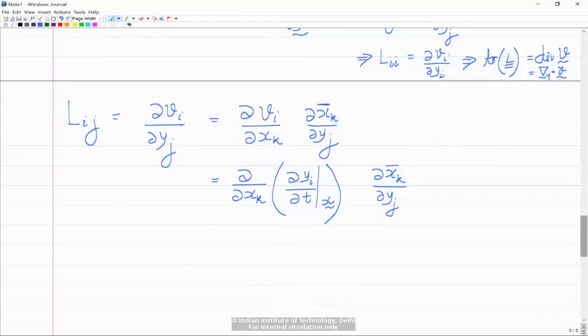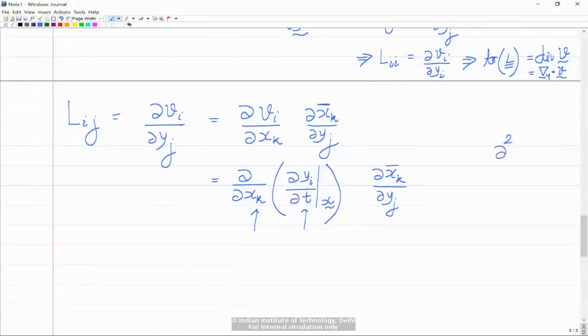Now you see, you have two derivatives here, one with respect to xk and the other with respect to time. And xk and t are independent quantities. In the Lagrangian framework, xk is the referential coordinate and t is the time. Here you have a mixed derivative in xk and t, and you can change the order of derivative.